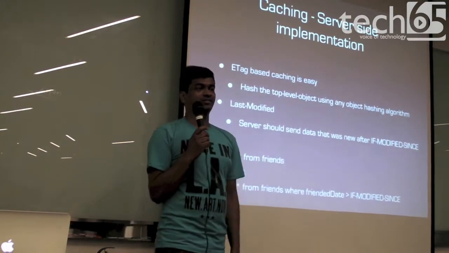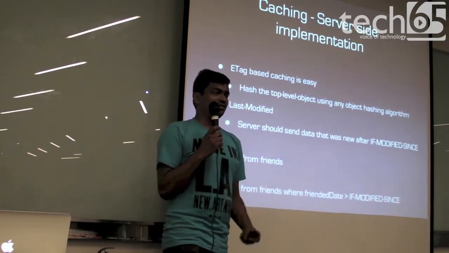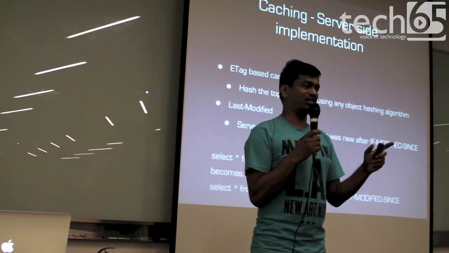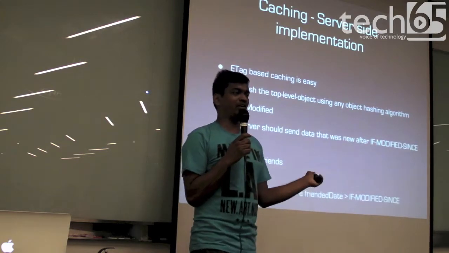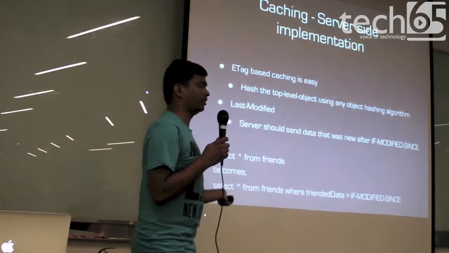Today is 6th of March, and you got 2 new friends added, right? So the iPhone client makes a request saying, I have the first 100 list as of this date. Send me if there are new friends added after this date. And your query becomes something like this.